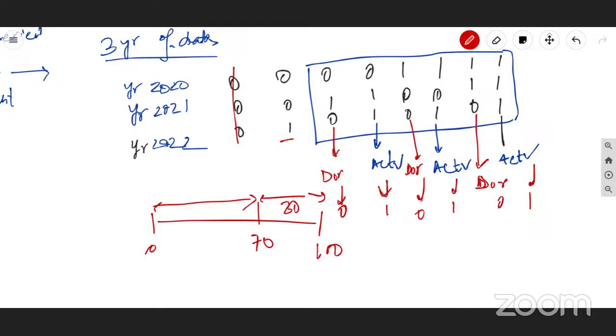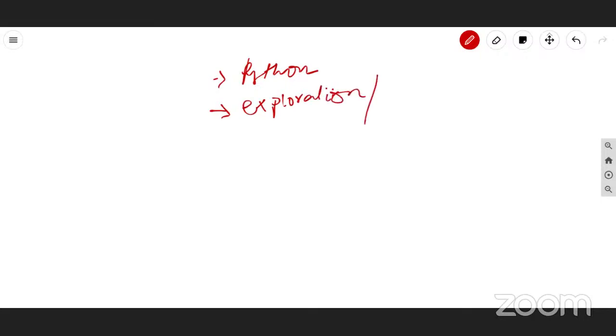First we'll start with Python in our next session onwards. A couple of weeks we'll spend with Python, and then we will learn a bit of exploration. Generally, what I do is I take the exploration bit late.